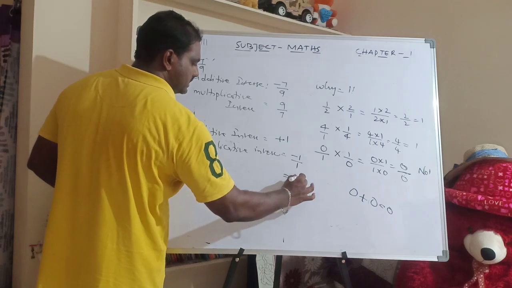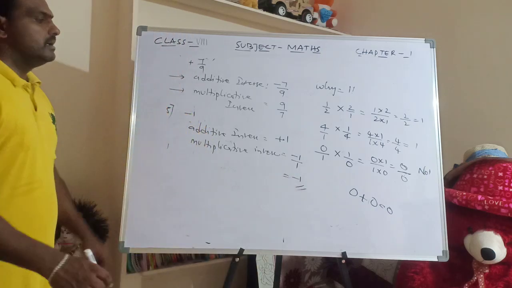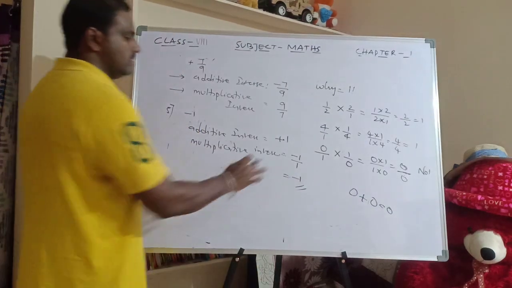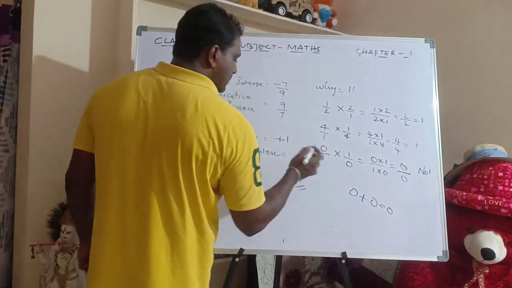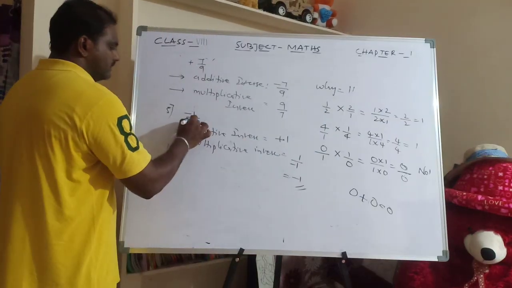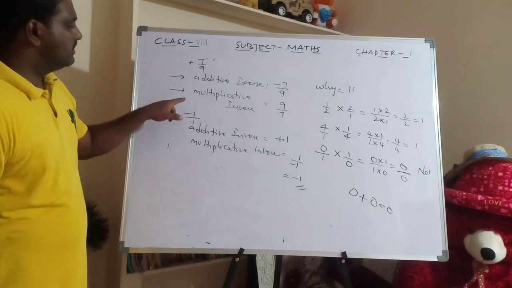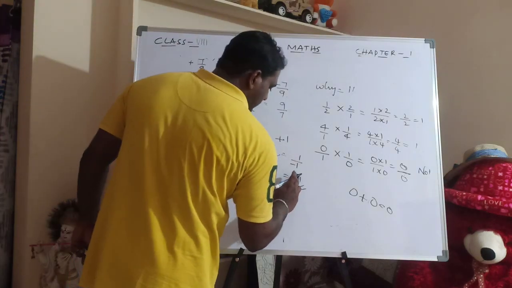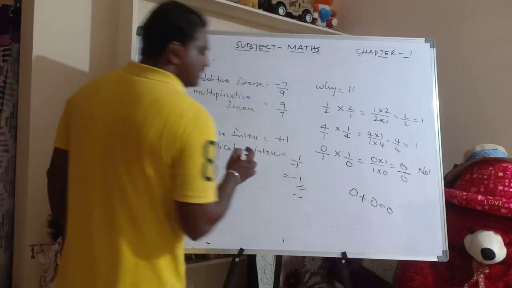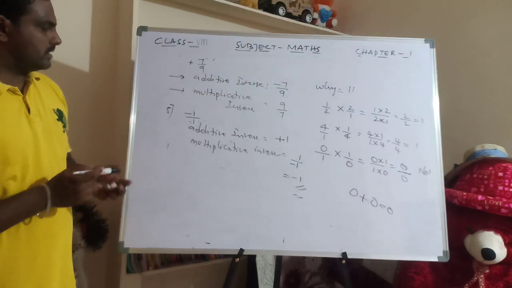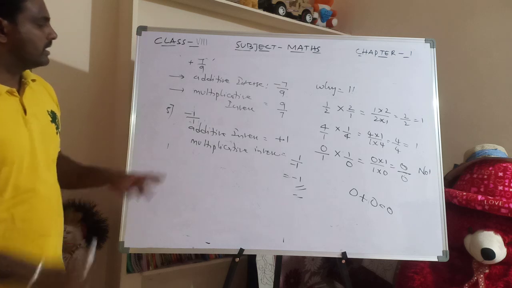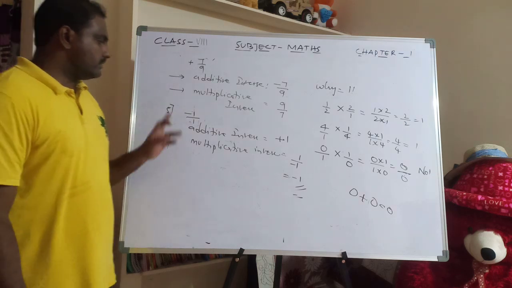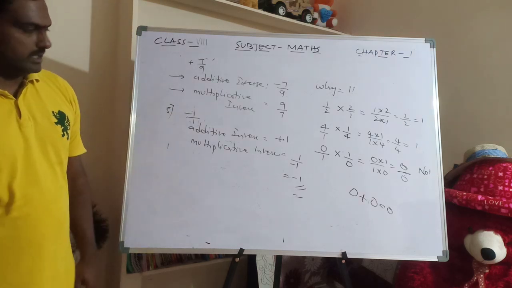I will get the same answer, minus 1. For your understanding, I write 1 by minus 1. We have to reverse it, so 1 by minus 1 is nothing but minus 1. Therefore the additive inverse of minus 1 is plus 1, and the multiplicative inverse of minus 1 is minus 1 only.